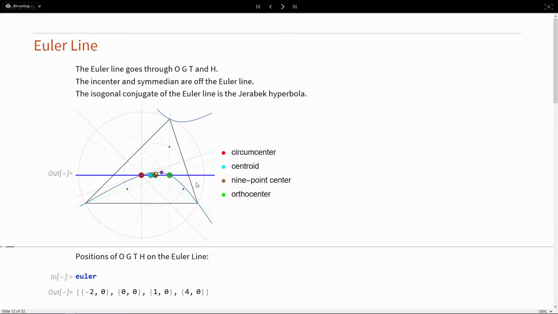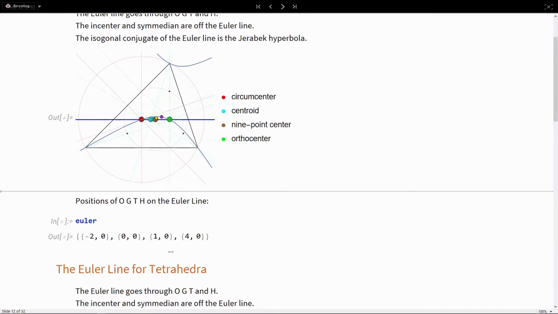Another thing that Euler found, the Incenter in yellow here and the Symmedian Point are off the Euler line. The positions are interesting. This is one particular triangle that has everything at nice vertices. You have this relation.